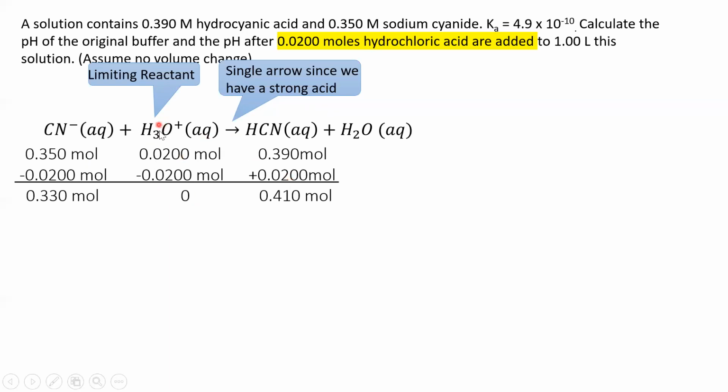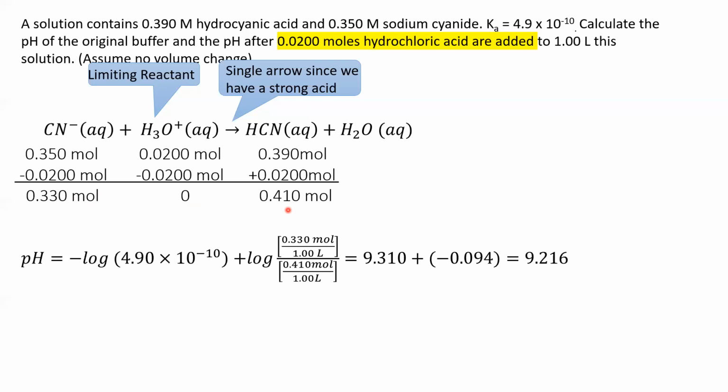So once all of the acid has been consumed, the ratio of base to acid in the buffer solution has changed just a little bit. It's in a 1 liter solution, so the number of moles equals the molarity. So now we can calculate what the new pH is going to be after we add this acid to our buffer solution.